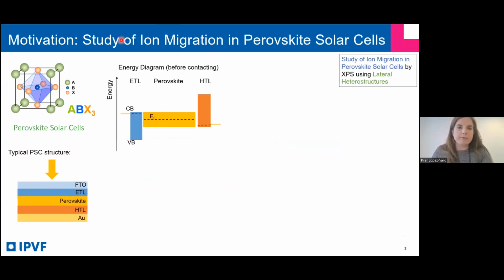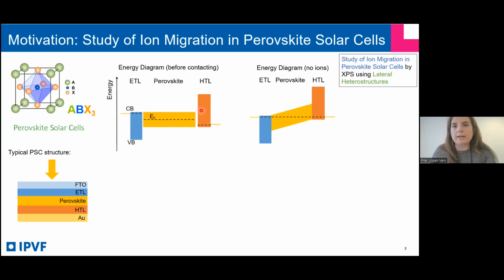If we represent the energy diagram before contacting, we have the electron transport layer, which is an N-type layer, with the conduction band, the valence band, and the Fermi level before being in contact with the perovskite. Then we have the perovskite, which I put schematically as intrinsic, and then our hole transport layer, which is P-type. If we put them in contact, we have an energy diagram like this.